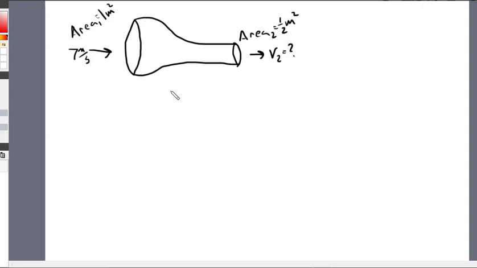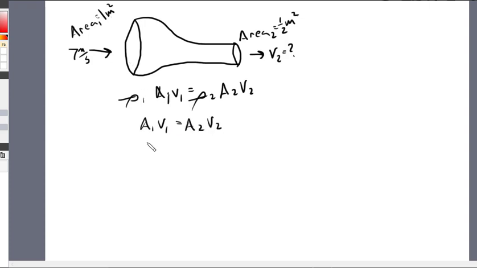Okay, let's take a look here. So it's the same fluid throughout. So we have rho 1 A1 V1 is equal to rho 2 A2 V2. Okay, just like the formula said, rho stays the same. So now we have A1 V1 is equal to A2 V2.